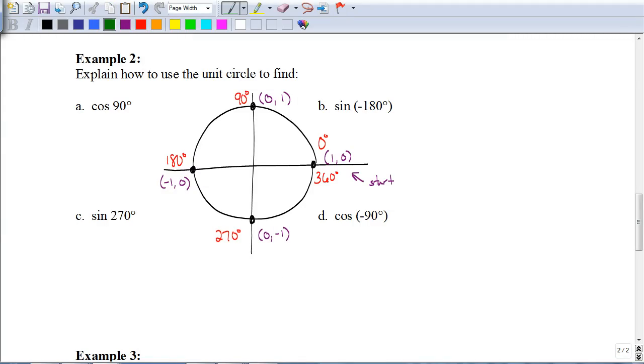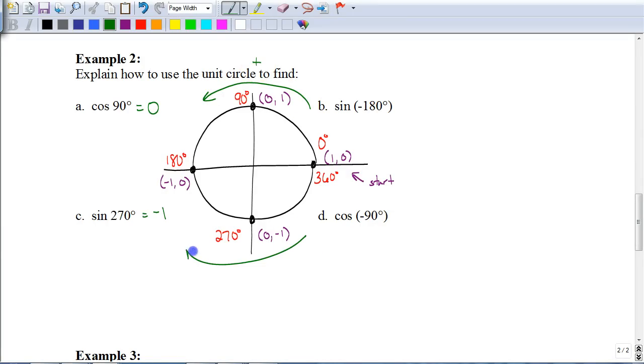So to find the cosine of 90, well, the cosine of 90 is going to be right here where its value is 0. Let's go down to C. The sine of 270 degrees would be, well, the sine would be the y value, which is -1. If I'm asked to find the sine of -180, now here's something to know. When it's a positive degree rotation, we go counterclockwise.